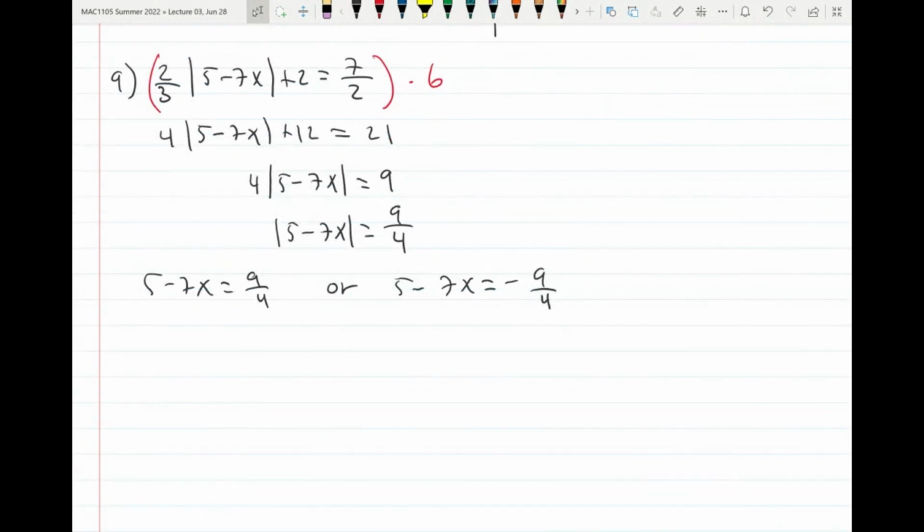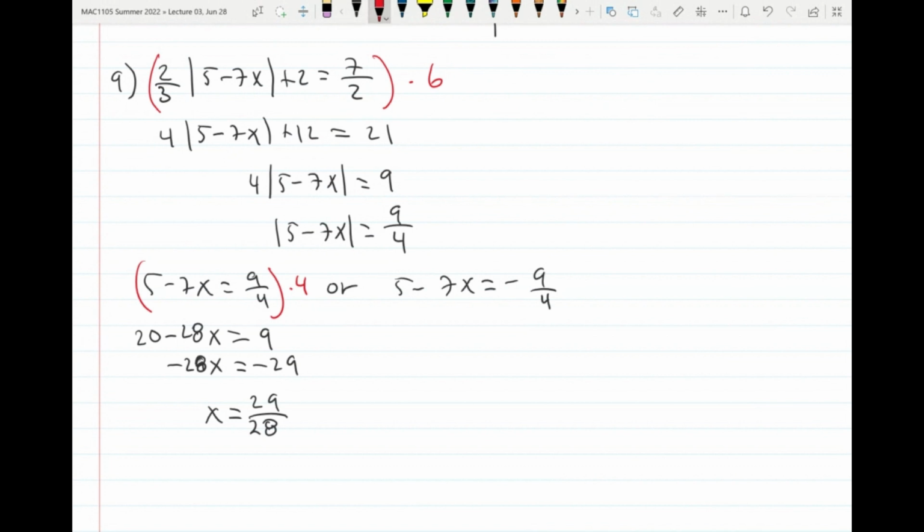And then we solve. Again, I will just multiply by 4 to keep it simple. So then this becomes 20 minus 28x equals 9. So negative 28x is going to be negative 11, so x is 11 over 28. That would be one solution.